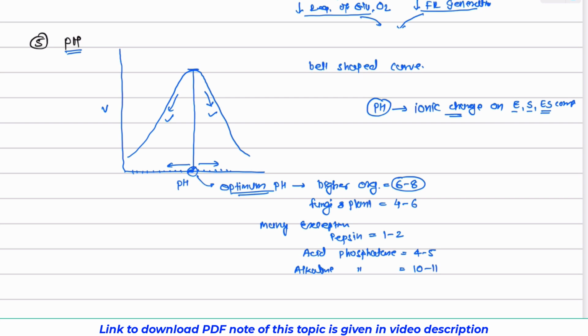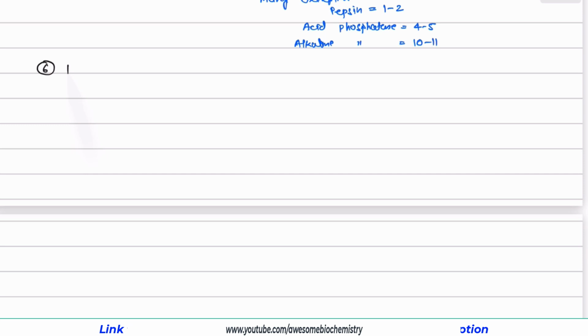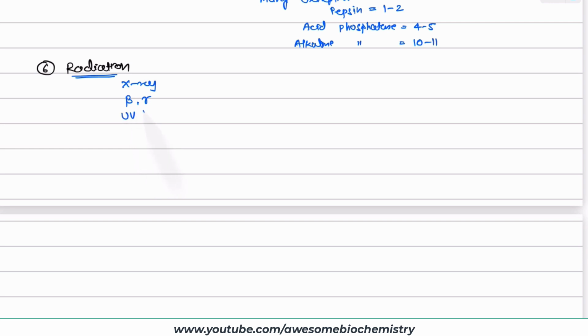The next factor which can affect enzyme activity is the radiation. The sixth one is the radiation. See, radiation is known for its alteration of the molecular structure, and this radiation includes X-rays, then beta rays or gamma rays or ultraviolet light. All this harmful radiation inactivates some enzymes.